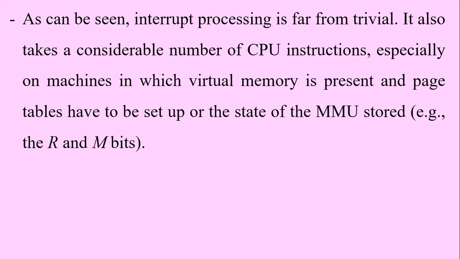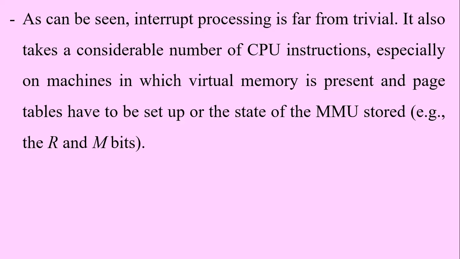As can be seen, interrupt processing is far from trivial. It also takes a considerable number of CPU instructions, especially on machines in which virtual memory is present and page tables have to be set up, or the state of the memory management unit is stored, e.g., the R and M bits.